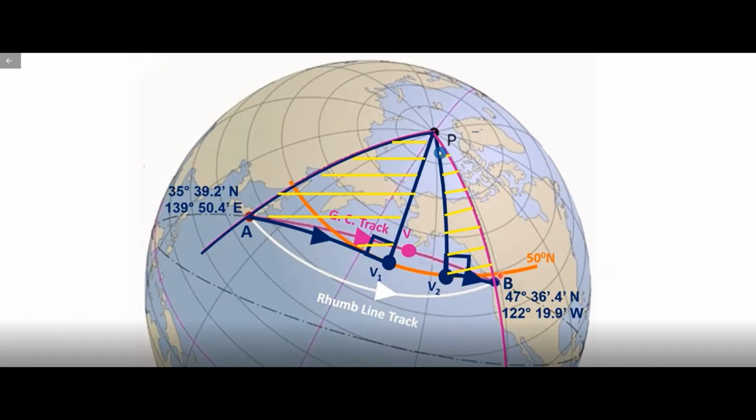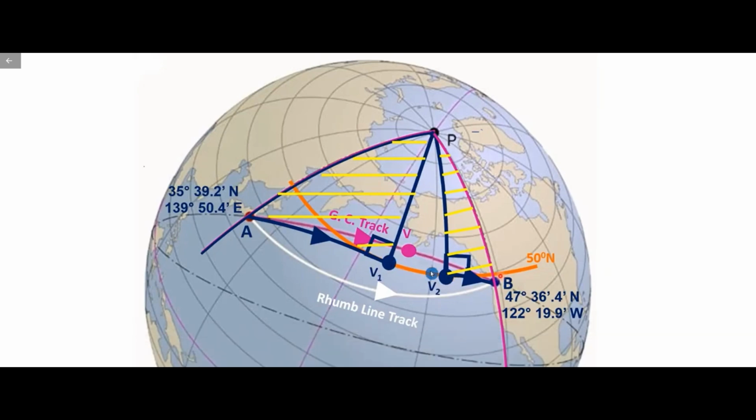Okay. Beta, what is Papa to Victor 1? That is the meridian, sir. Meridian of this place. And this orange color line that we have drawn, what is this? Parallel of latitude, sir. So one is a meridian, another is a parallel of latitude. They will intersect at? Meridian and parallel intersect at 90 degrees.